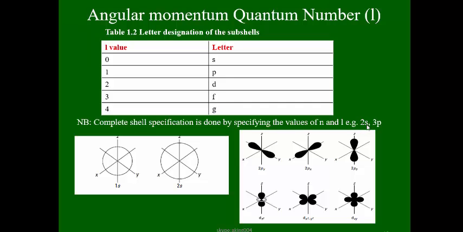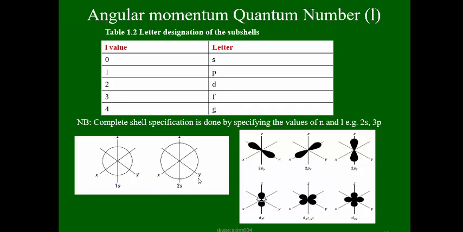Then this subshell is S, so L is equal to 0 here. We will see examples. 3p also: we have 3, the energy level 3. Then we have p. P means our L is equal to 1. We should not forget that the value of L is from 0 to n minus 1.